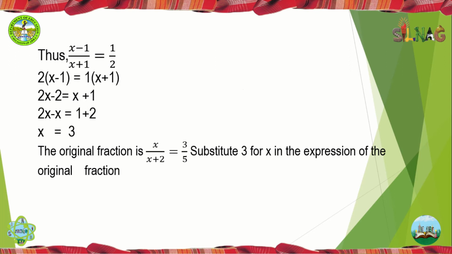So the original fraction is represented as x over x plus 2. Now we substitute 3 for x. So we have 3 over 3 plus 2, and 3 plus 2 is equal to 5. So the fraction now is 3 over 5.